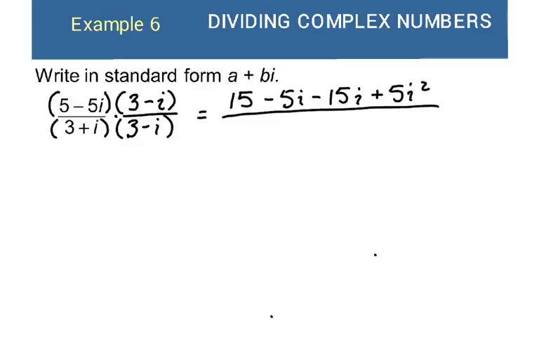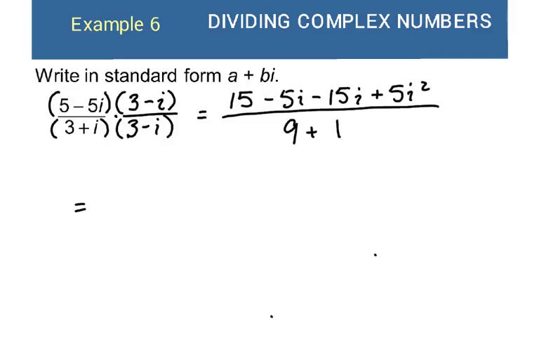And that is going to be divided by our denominators multiplied together. So 9 plus, well, the number in front of i here in this case is 1, so 1 squared, which is 1. Okay, so let's simplify this a little bit further.